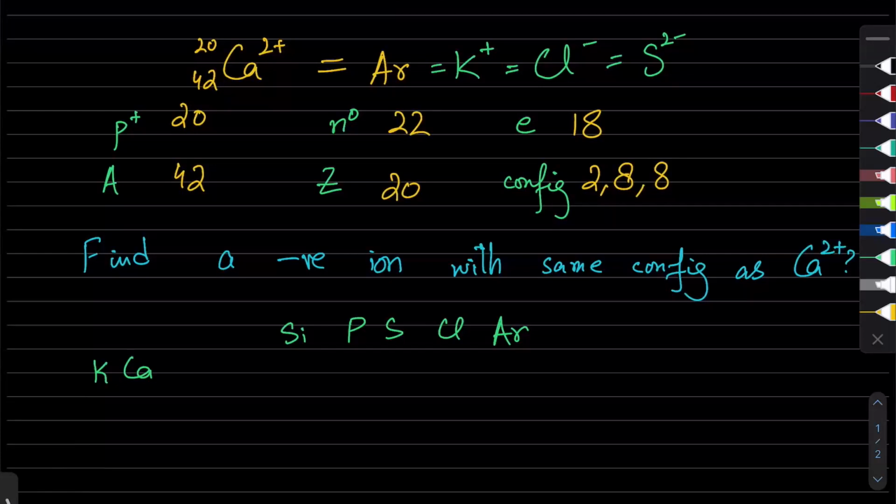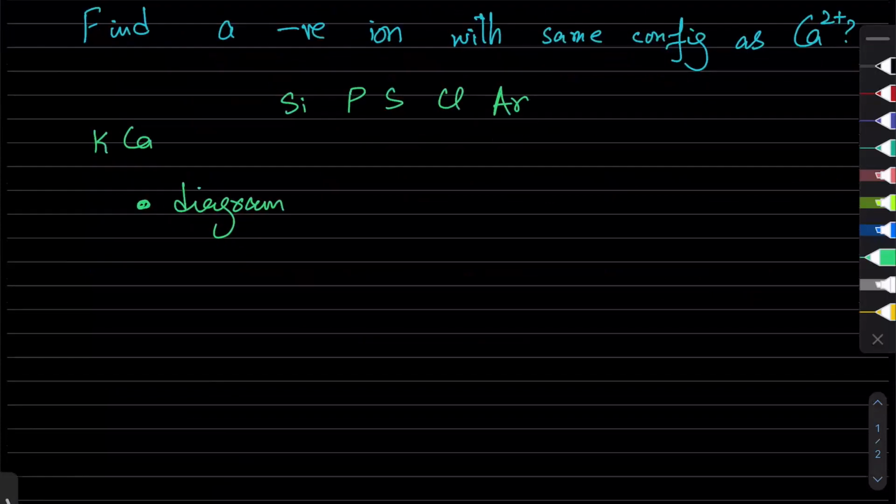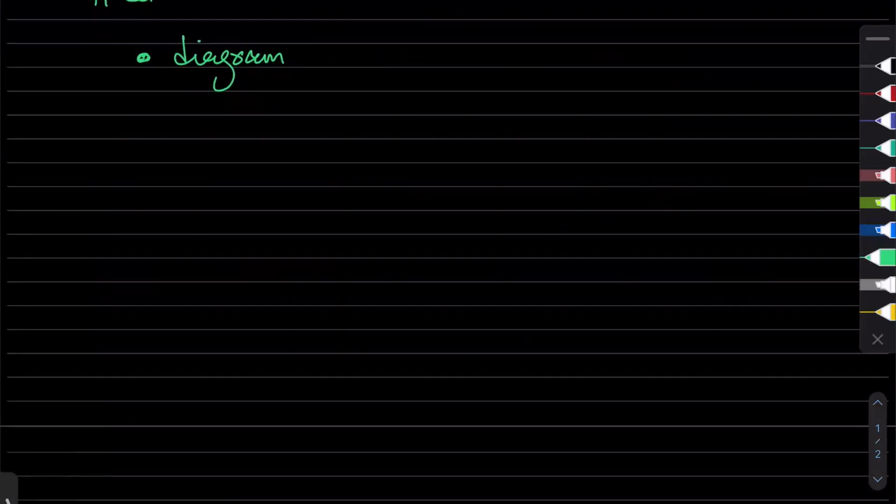Similarly, the second kind of question that you get in this chapter is about the diagram. So you have to draw this diagram, the circle, the atom, if you want to draw it. So let's pick an atom from the periodic table. Let's say we have aluminum, and aluminum is what we want to draw.